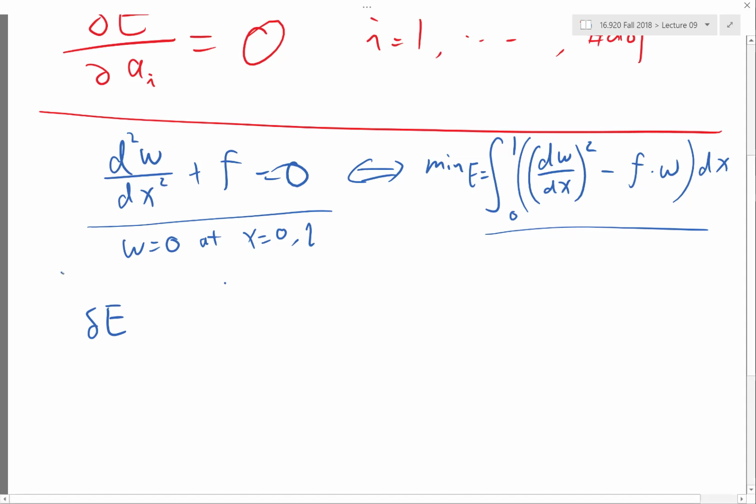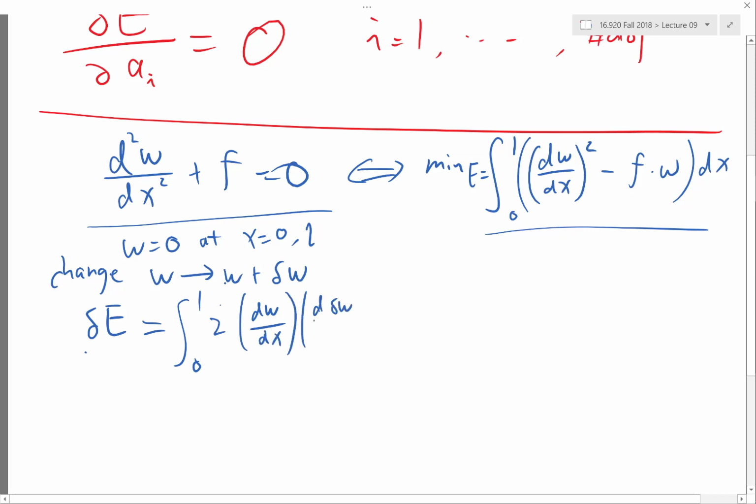If you change w to w plus an infinitesimal delta w, then the resulting infinitesimal change in E is going to be 2 times dw/dx times d(delta w)/dx, the same as taking derivatives, minus f times delta w, dx. Right?